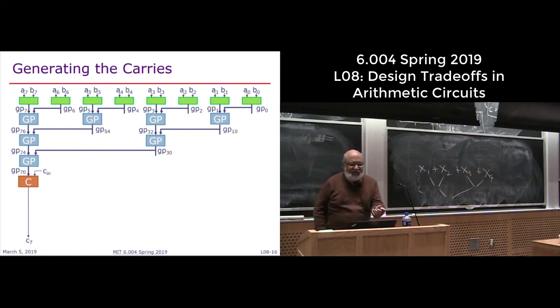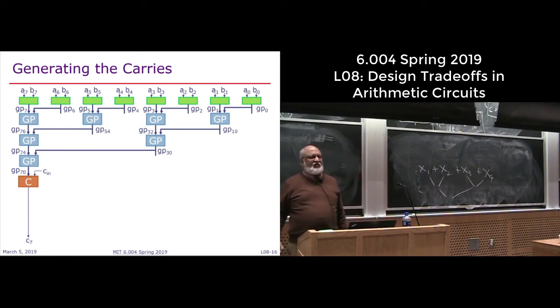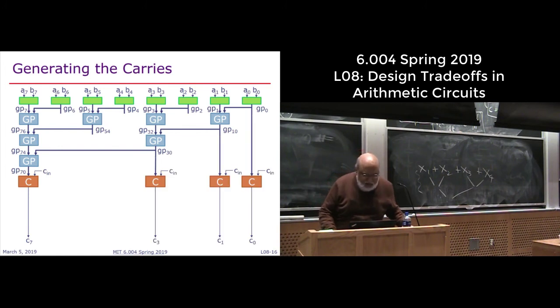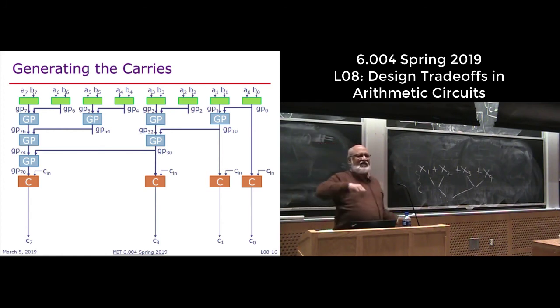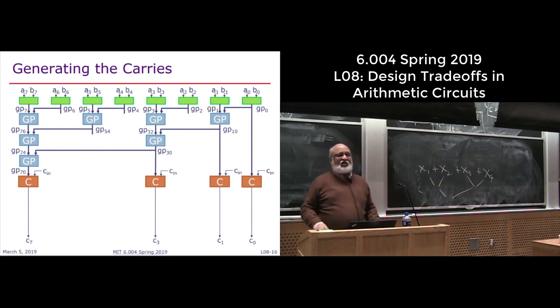Yes, because this one propagated all the way, right? How about this one? Can you see if you just read the numbers on there? The first one, the second one, the fourth one, and the eighth one, they're all propagating signals coming from C in. They will all be produced in log n time.